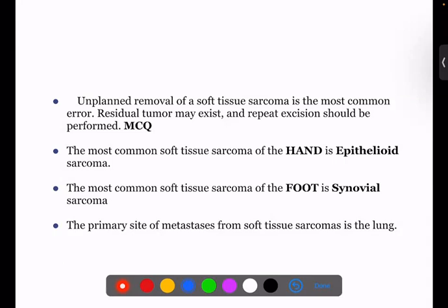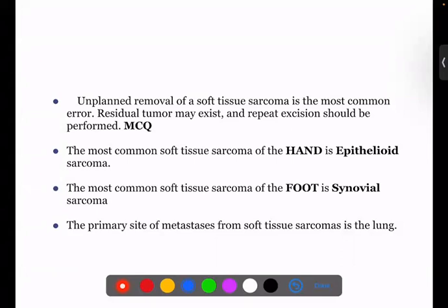The appropriate answer is wide margin tumor bed re-excision. So a soft tissue sarcoma which underwent unplanned excision with positive margin should undergo a wide margin excision. Okay.